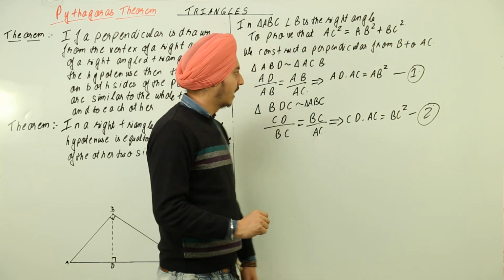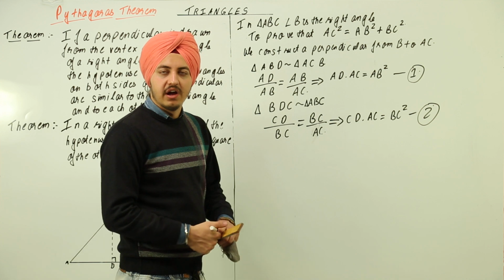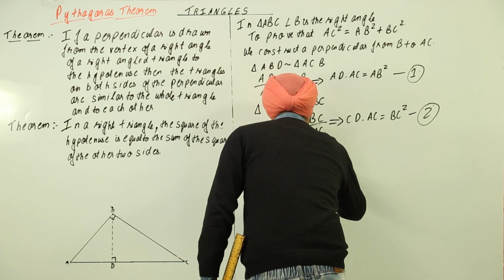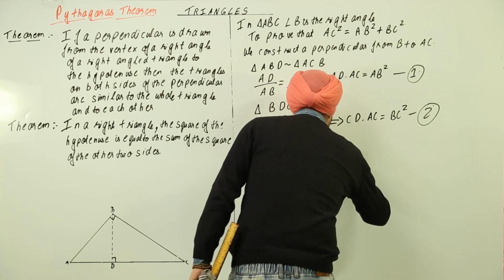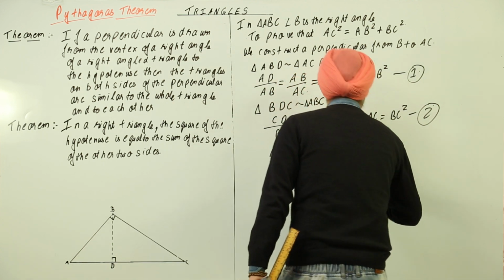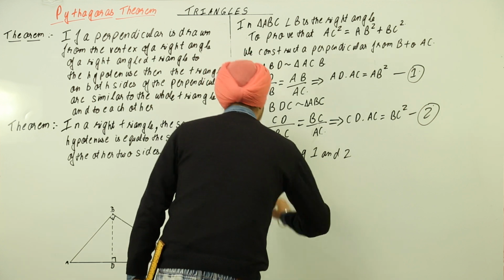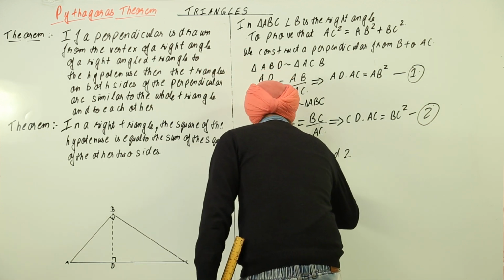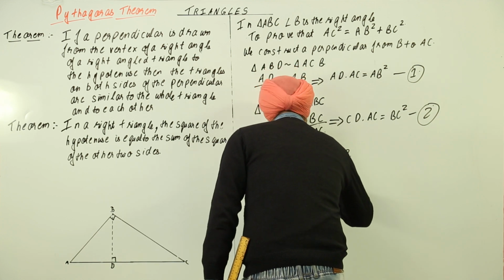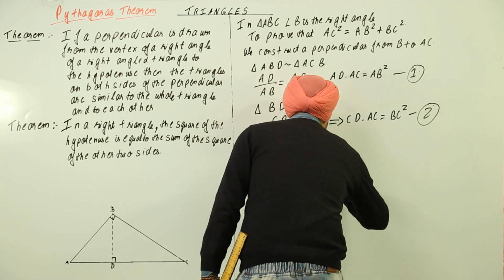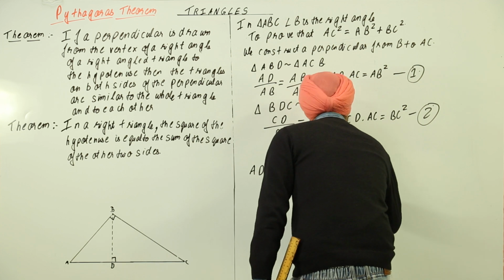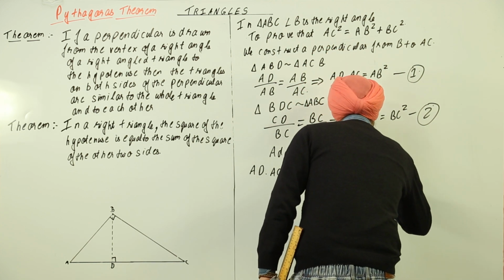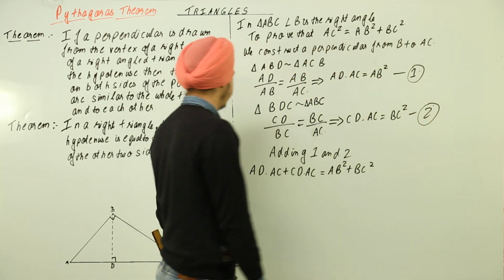Now what I do from here is I add 1 and 2. Adding 1 and 2, what we get is AD into AC plus CD into AC is equal to AB square plus BC square, correct?